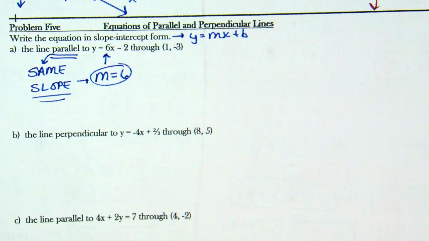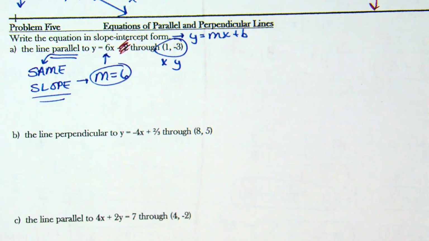Can we use that same technique? Same exact thing we did on the front side. So, y minus y1 equals m times x minus x1. Y minus negative 3 equals 6 times x minus 1.